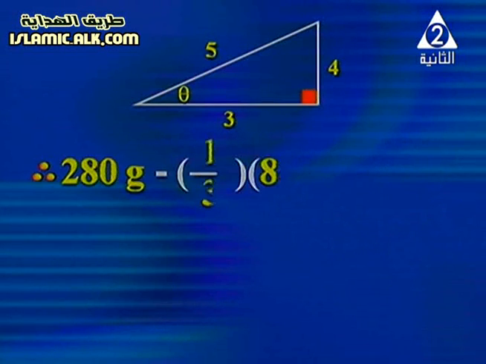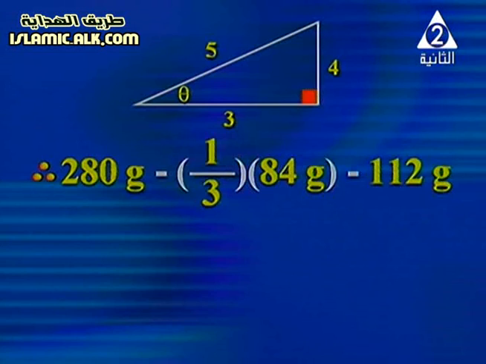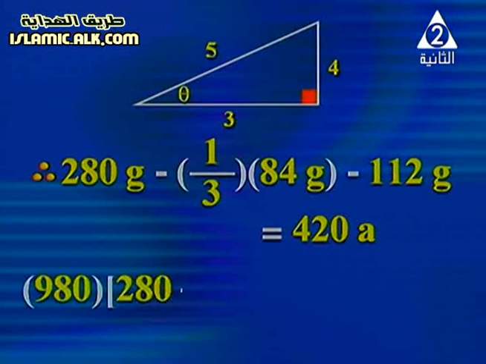By substitution about mu equals third and the value of r, then 280g minus third times 84g minus 112g equals 420a. This equation is to find the value of acceleration a.